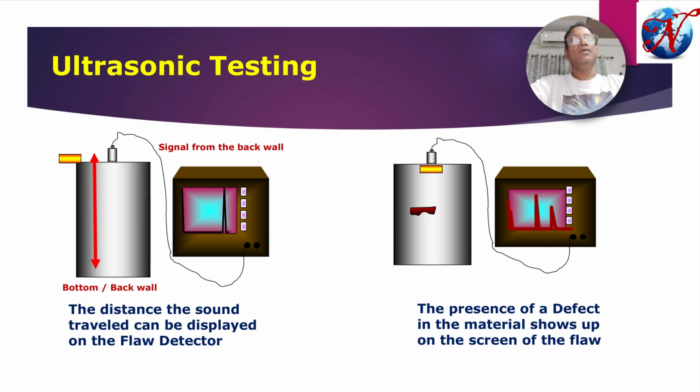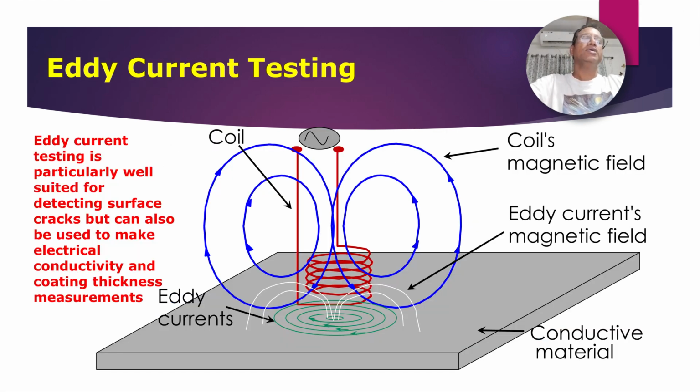And the next non-destructive testing method, which is now most important for tube inspection, particularly in power generation plants and heating elements like conduction heating or heat exchangers, is eddy current testing.